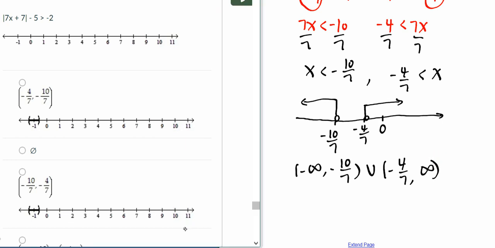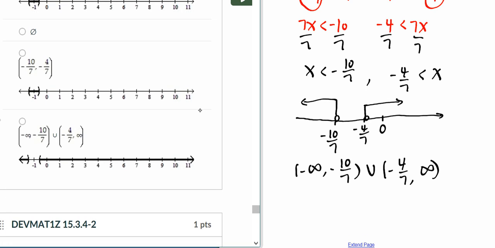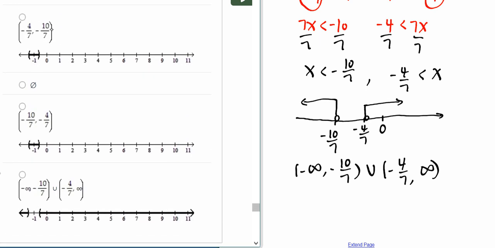So which one is our choice? 1, 2, 3, 4. The last one: negative infinity to negative 10 over 7 and negative 4 over 7 to positive infinity. Okay.